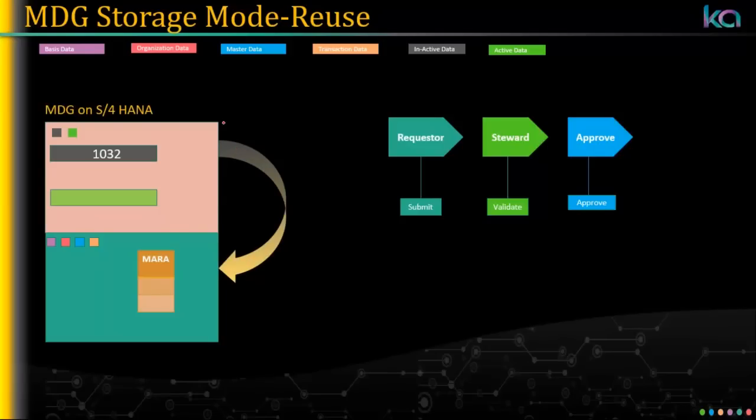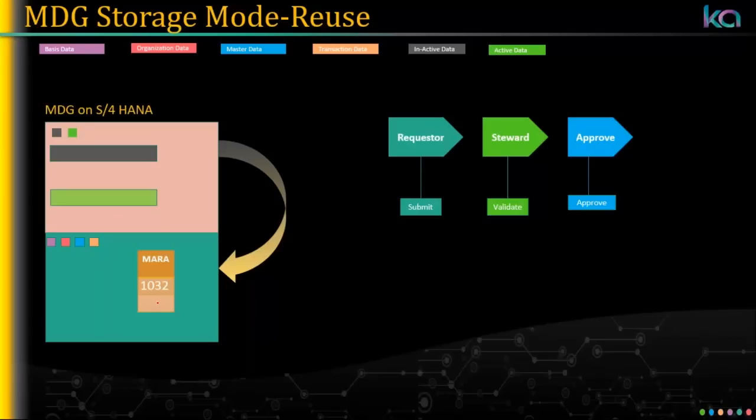Sorry, not the active area of ECC. That means the material code which is available in the active area, on approval, is directly replicated to the MARA table of my ECC box.